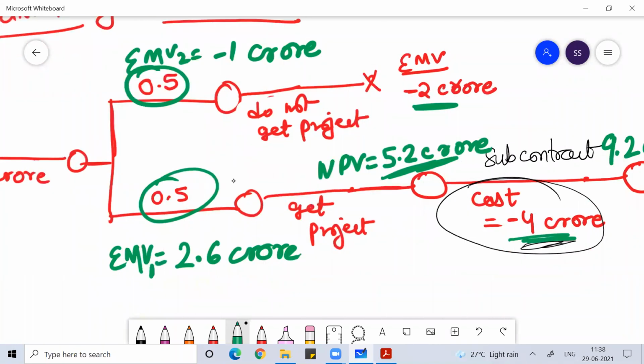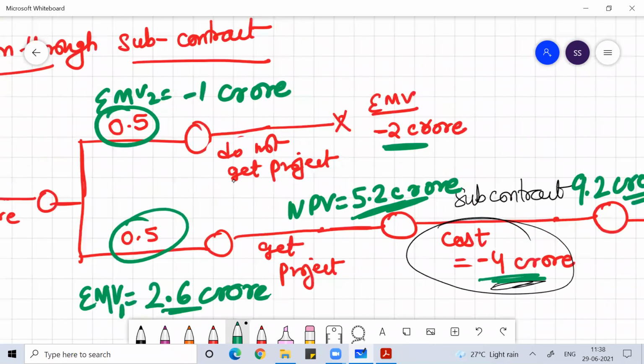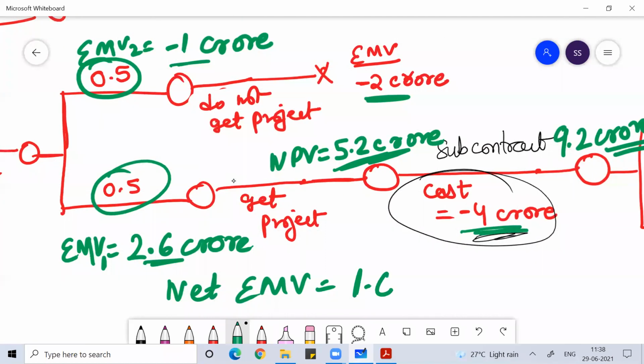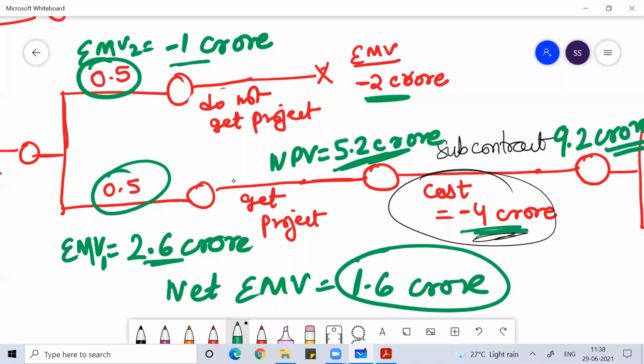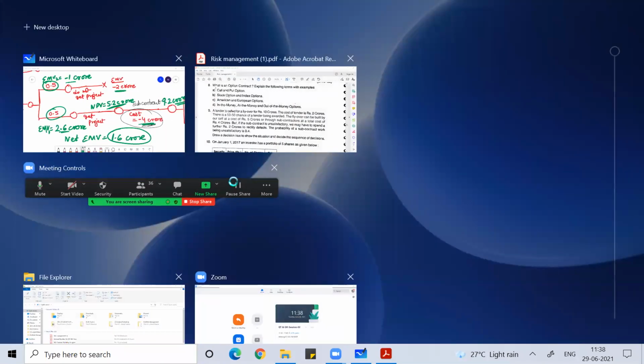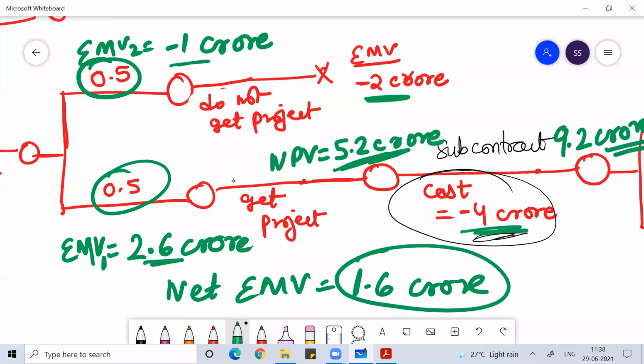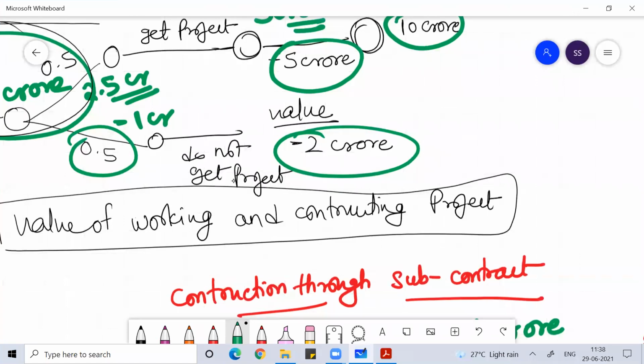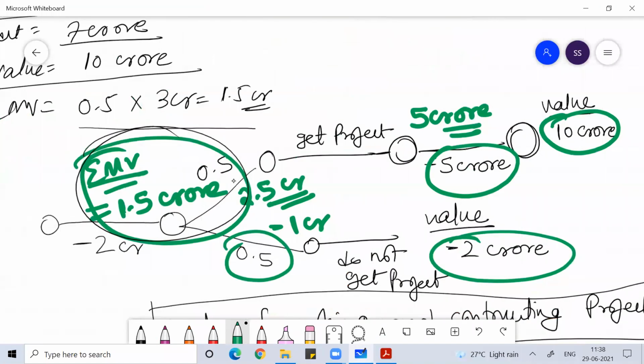So what is your net economic value? This is 2.6 crore and this is minus 1 crore. So net economic value here is 1.6 crore. So if you go with subcontract, your net economic value is 1.6 crore, while if you do construction by yourself, your net economic value was 1.5 crore.